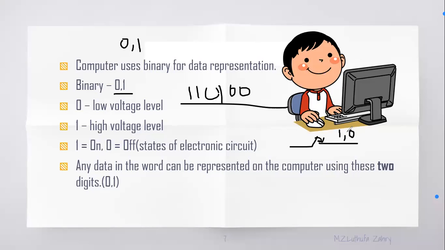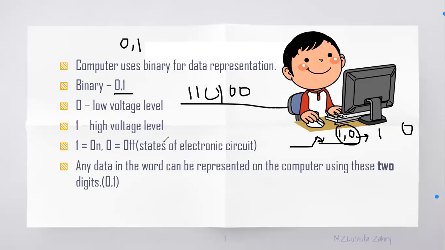You may get confused. Don't get confused. You will understand this when it comes to logic gates. In logic gates, you will be studying the gates and the circuits of those gates. If you want to switch on, you will use the number 1 in the truth table, and if you want to switch it off, you will put 0 in the truth table. So that is it.